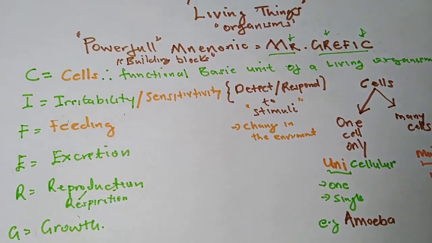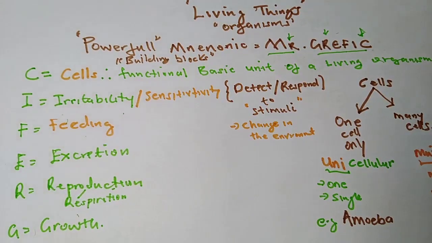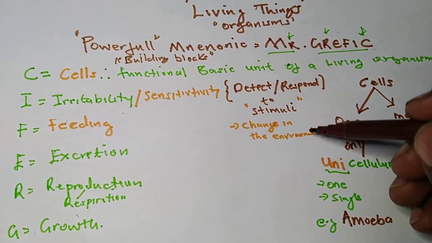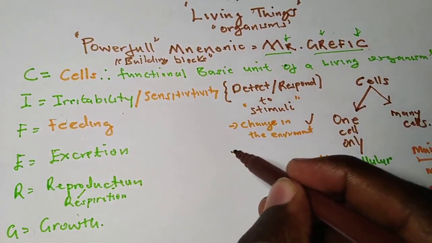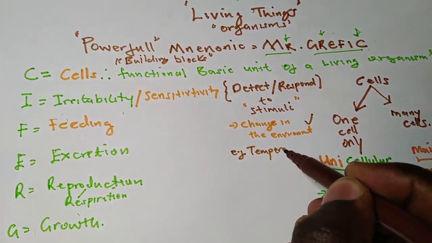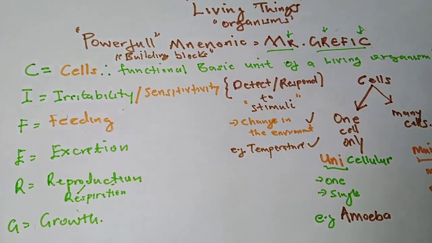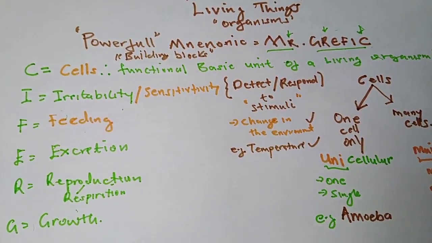For example, when we are in January, we have rain season, it's a bit hot, but as you go over to June, July, it becomes cold. That's a change that we notice in the environment. We call it a change in temperature. That's an example of a stimulus.